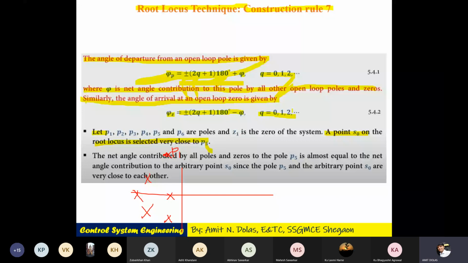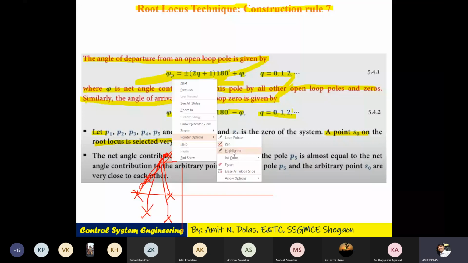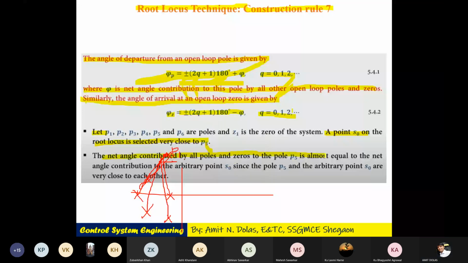Let's see the theory again. The net angle contributed by all the poles and zeros, of course zeros are there, to the pole P5 is almost equal to the net angle contributed to the arbitrary point S0, since the pole P5 and the arbitrary test point, I'll say S0, are very close to each other.